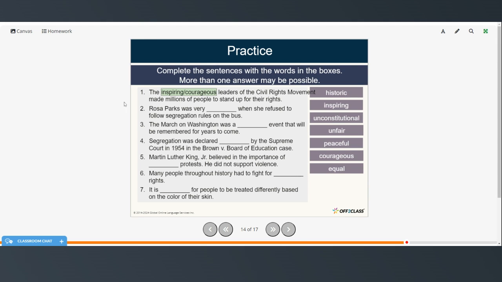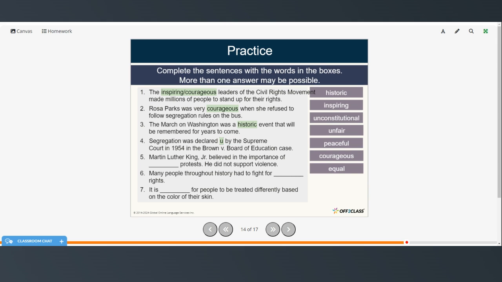Leaders of the civil rights movement made millions of people stand up for their rights. Rosa Parks was very, again, courageous when she refused to give up, when she refused to follow segregation rules on the bus. The March on Washington was a historic event that will be remembered for years to come.